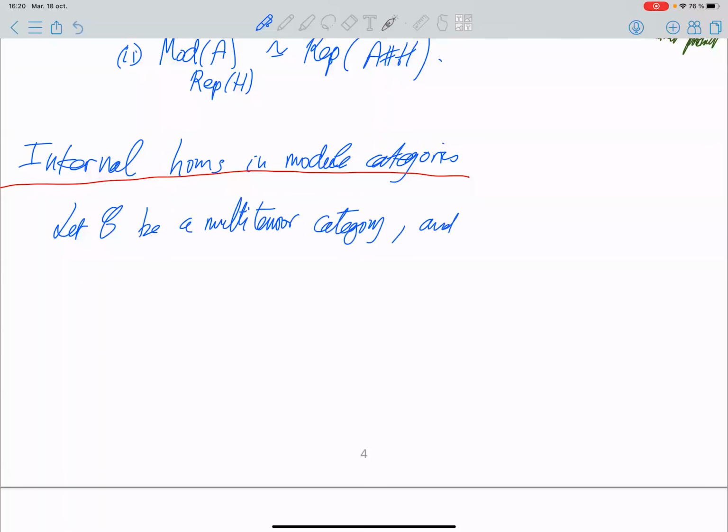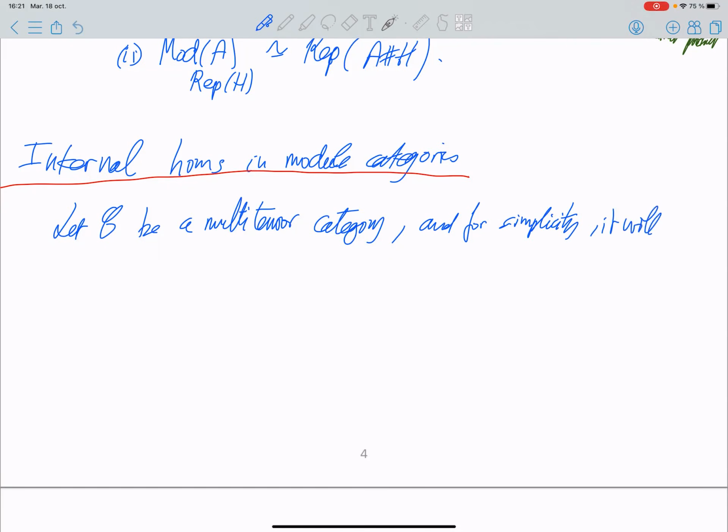And for simplicity, we will assume it to be finite, even if what will be said in this section is also true without assuming finiteness, but it will be much easier to state in the finite case.